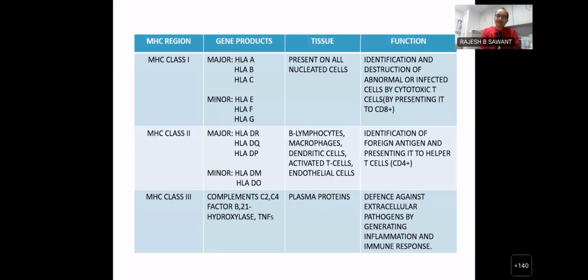As far as class 3 is concerned, that includes the complements C2, C4, factor B, and 21 hydroxylase, TNFs, etc. These are basically plasma proteins, and they provide defense against extracellular pathogens by generating an inflammatory response and immune response. So this in a nutshell will give us an understanding of the classification of the HLA system.